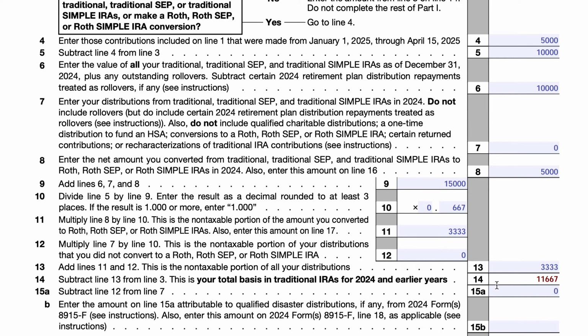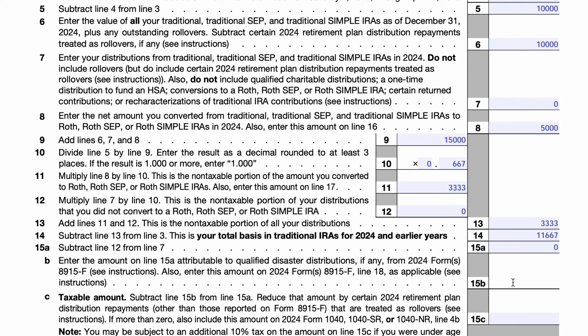That gives us 0. If we had any distributions, which we don't, attributable to qualified disaster distributions reported on IRS Form 8915-F, then we would enter that here. As a result, we don't have any of those distributions. So 0 minus 0 equals 0. Again, this is the taxable amount of any distributions. So since we didn't take a distribution, all of these amounts would be 0.